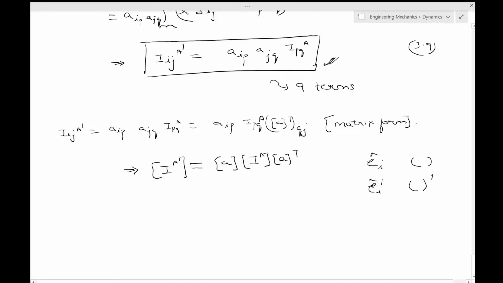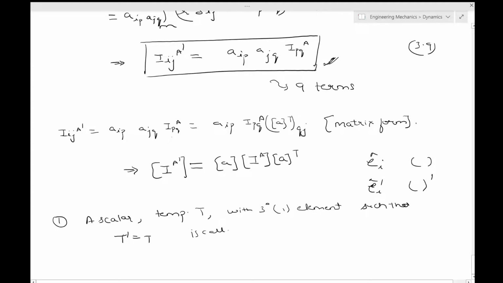That's the most accurate definition, and let's now try to build up a scalar, for example temperature T with 3 raised to the power of 0, which is one element, such that T dash is equal to T is called a zero order tensor.